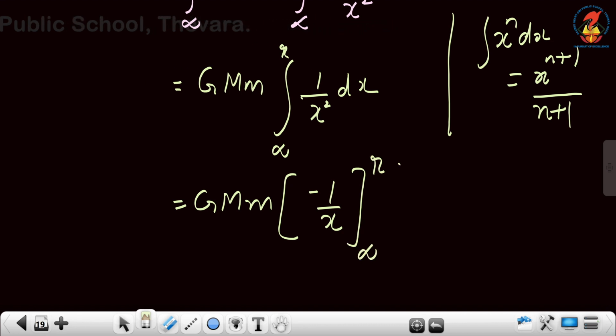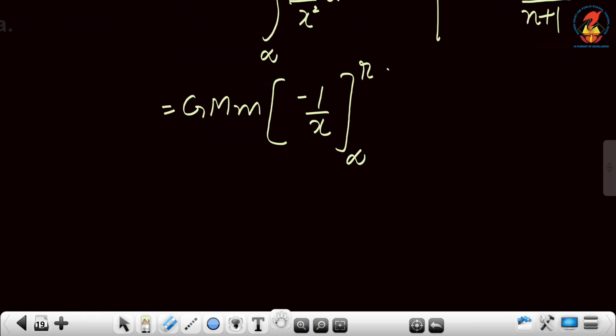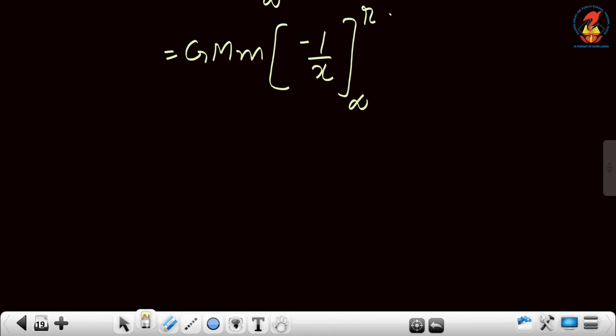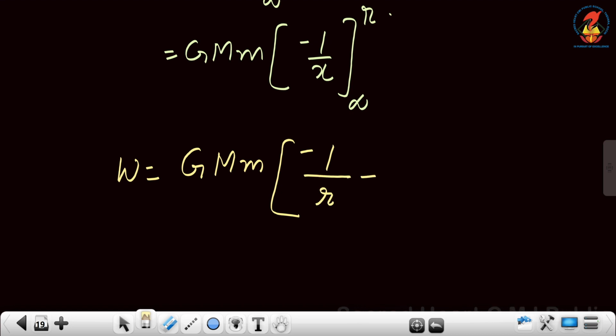Now how will we apply the limit? It is always upper limit minus lower limit. So the equation can be written as W is equal to GMm into the upper limit, that is 1 by, instead of x what we have to do? We have to write r, minus 1 by the lower limit, that is infinity. Now any number divided by infinity is 0, so this term becomes 0.